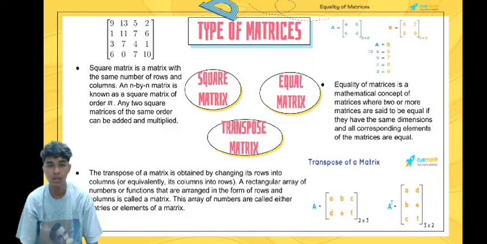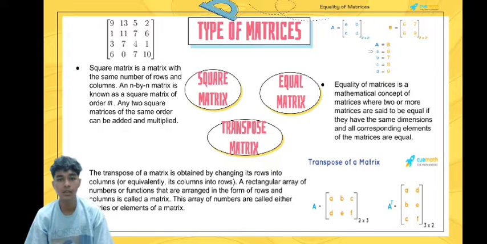Equal matrix. Equality of matrix is a mathematical concept of matrix. Here, two or more matrices are said to be equal if they have the same dimension and all corresponding elements of the matrices are equal.